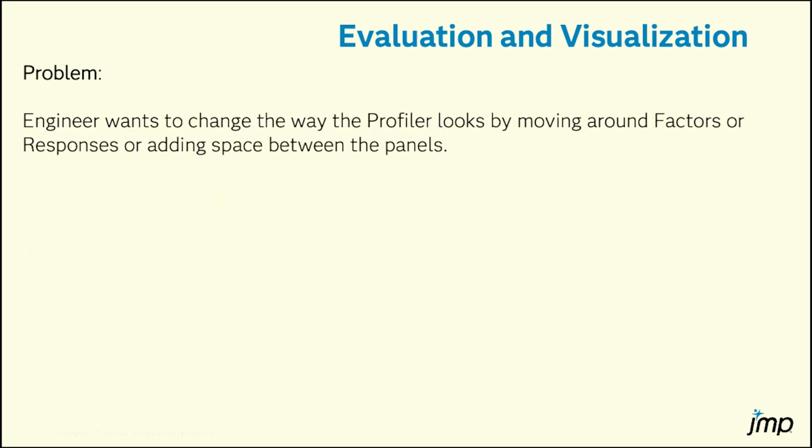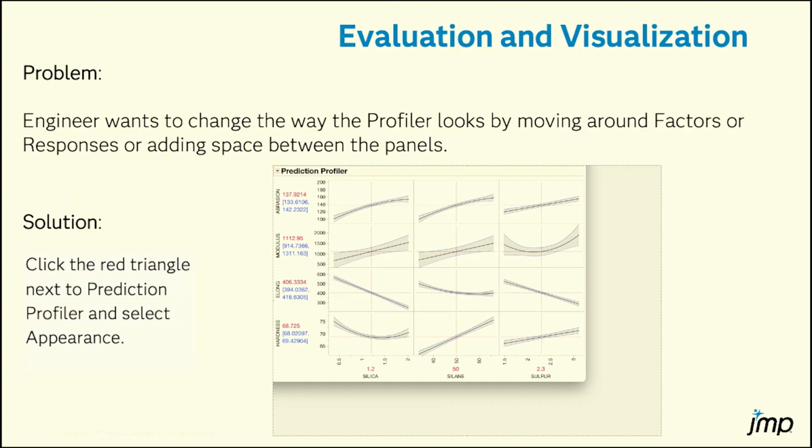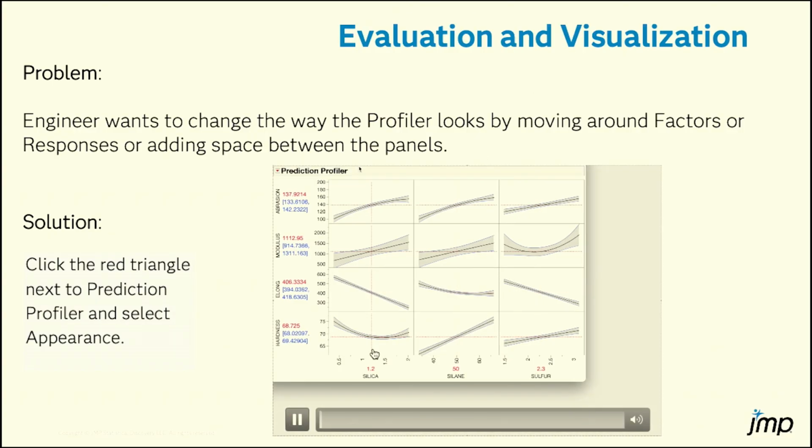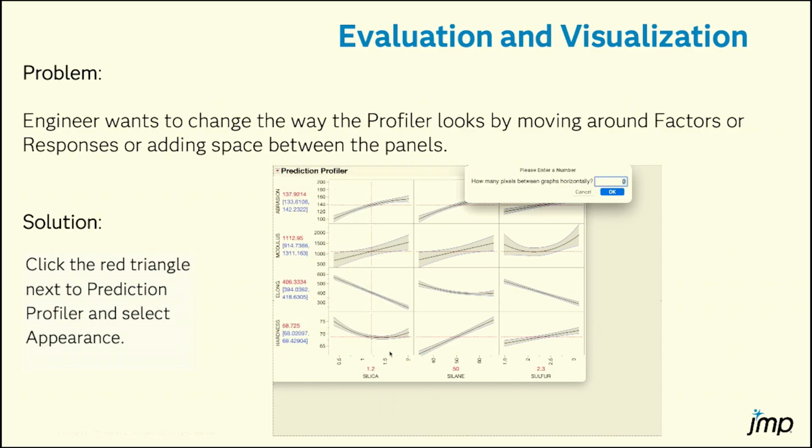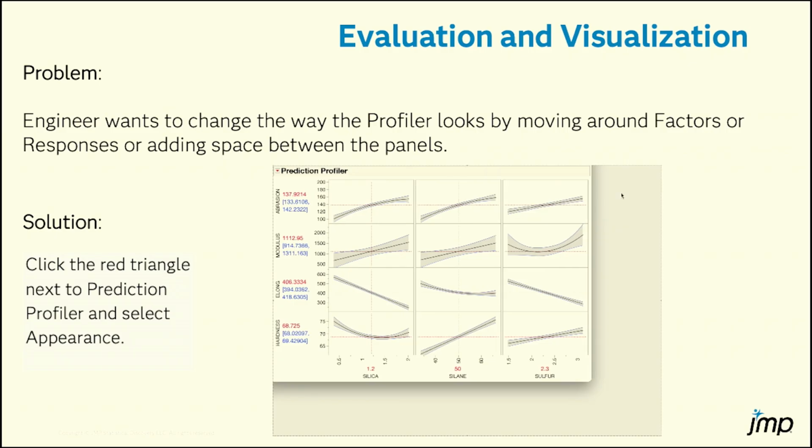What if we want it to look a little different than the defaults? JMP has made some choices. What if I want to make different choices? So if I want to make this look a little bit different, there are options under a term called appearance. So way at the bottom, appearance gives you some things you can easily change.